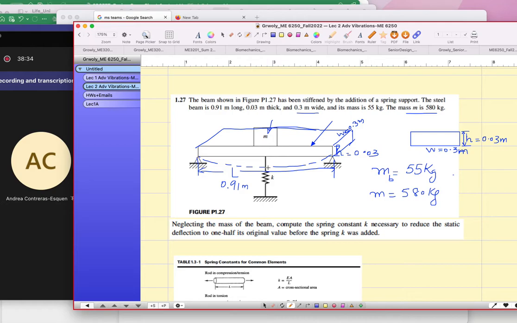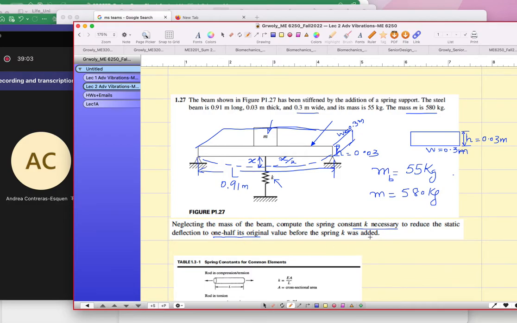But now when you add this spring, suppose this deflection is x. Originally it was x, but after adding this spring, this column, the deflection is 1/2. By adding that spring, which may be a steel column, we reduce the static deflection to 1/2 its original value.